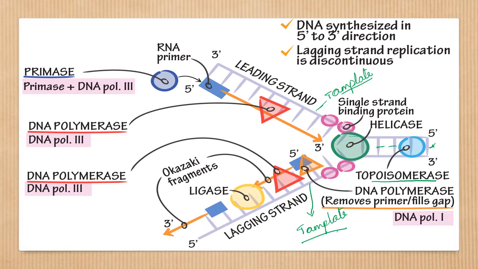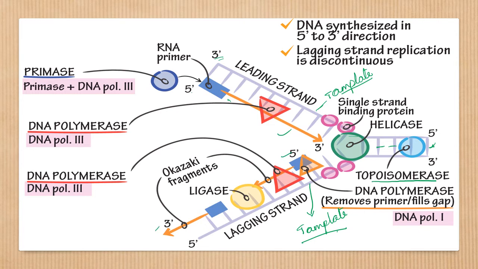Two strands. On this one, the template has the 3 to 5 direction. That's why the newly synthesized DNA is always in the 5 to 3 direction. Similarly, one more DNA molecule is formed here. It is also in the 5 to 3 direction.